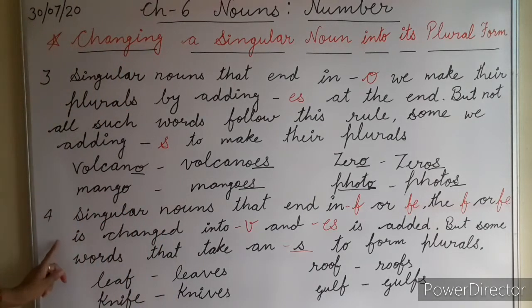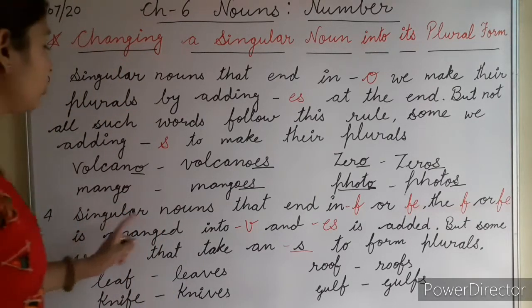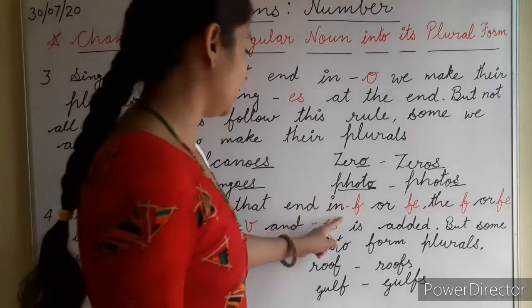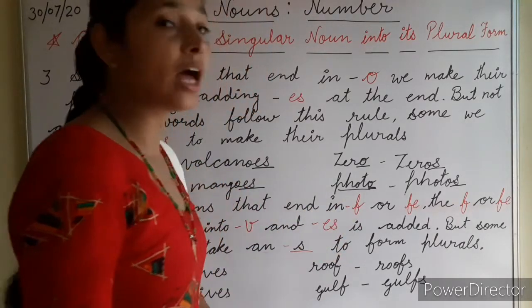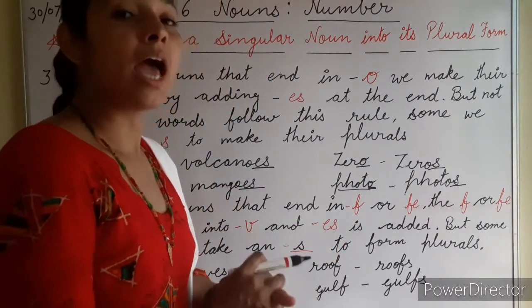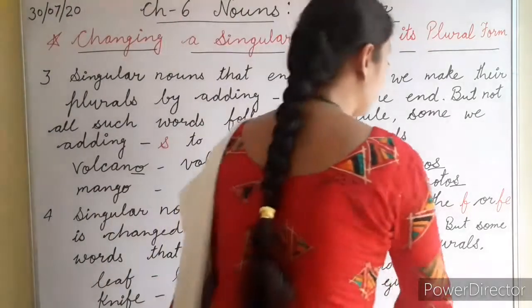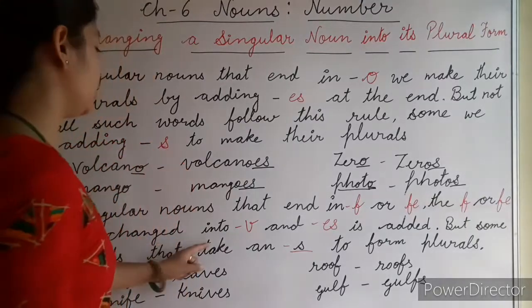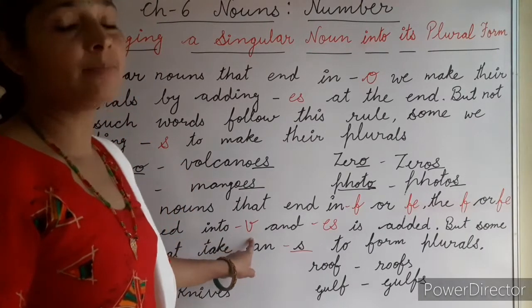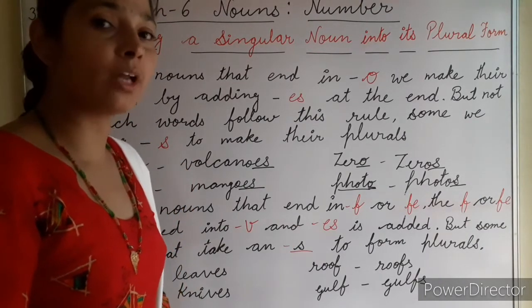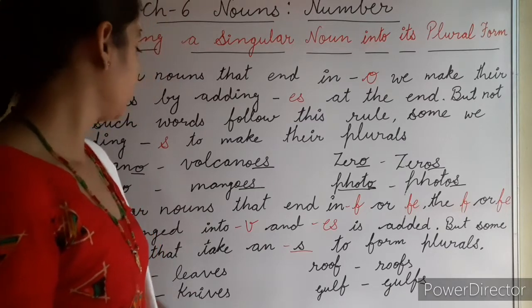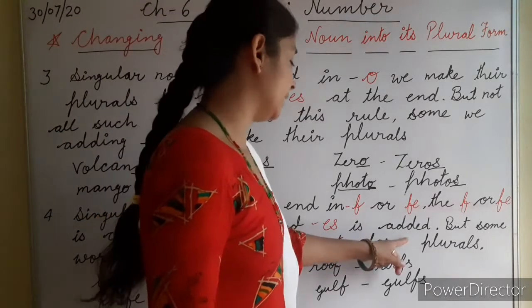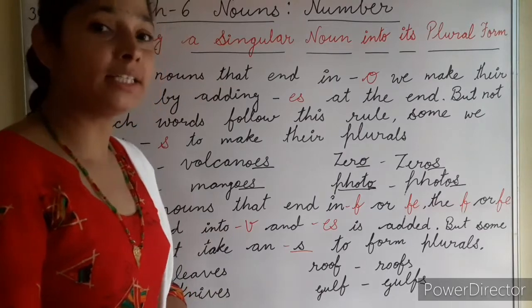Next is rule number 4. Singular nouns that end in F. The singular nouns which end in the letter F or FE, the F or FE is changed into V. So we change F or FE into V and add es.